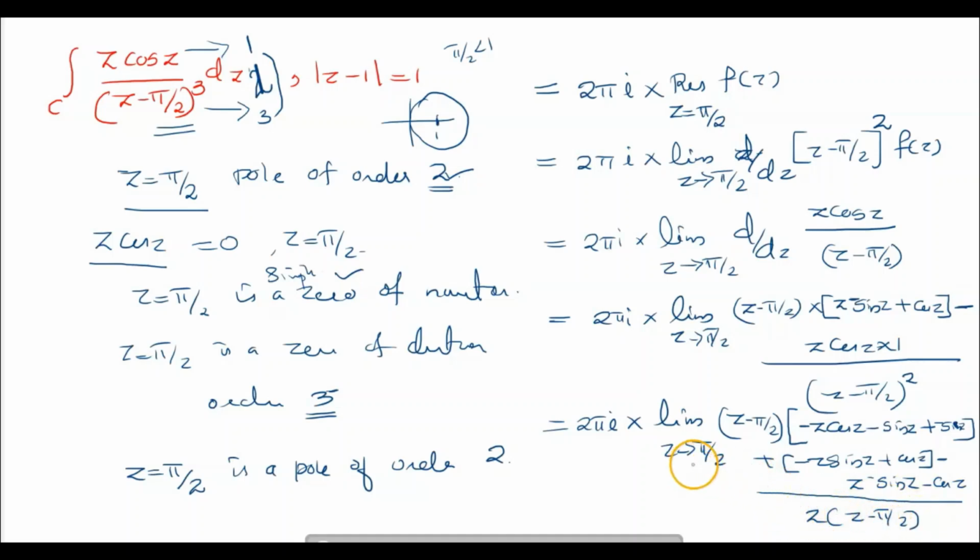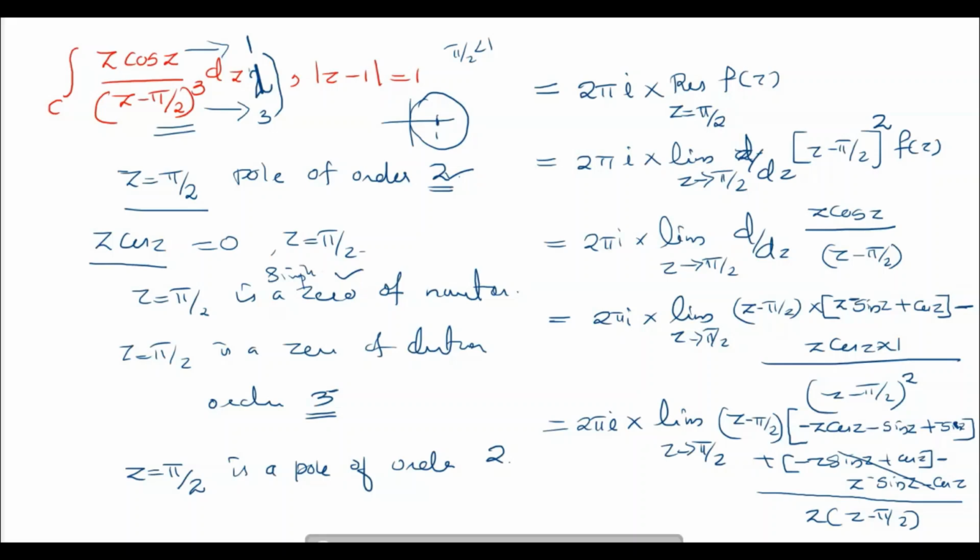Again putting limit z equal to pi by 2, we get 0. This term all becomes 0, and this is minus cos z plus cos z, minus cos z cancels, minus sin z plus z sin z, this term also cancels. And at z equal to pi by 2, this gives 0 and this gives 0. 0 by 0 form. Again differentiate numerator and denominator.